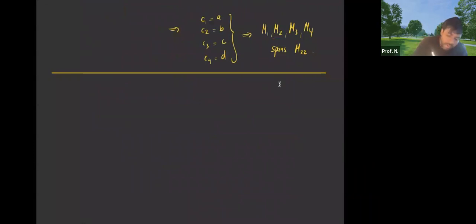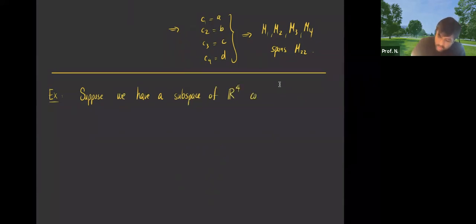I'll give you some other problems here. So suppose we have a subspace of R4 consisting of vectors of the form.